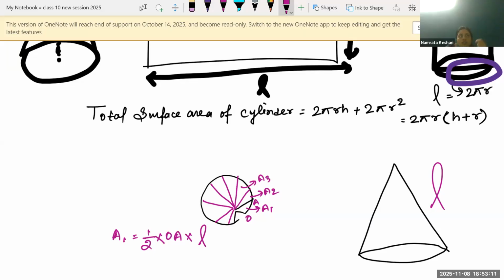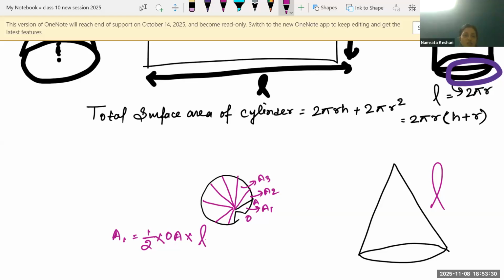When you take a paper, make a cone and then open it, this L works like the height for each triangle. However, this formula is not important for you, but since I'm explaining the other formulas, let me show you where this formula is also coming from.